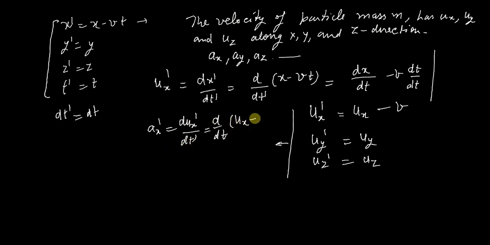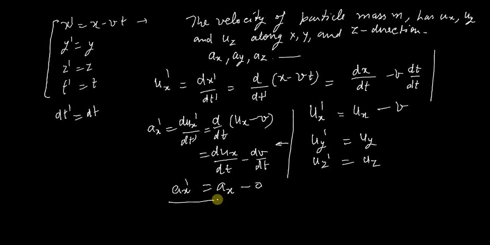This is dux upon dt minus dv upon dt. dux upon dt is the acceleration of the particle in the unprimed frame, and v is constant, so dv upon dt is equal to 0. So here you observe that ax prime is equal to ax. Similarly, ay prime is equal to ay, az prime is equal to az.